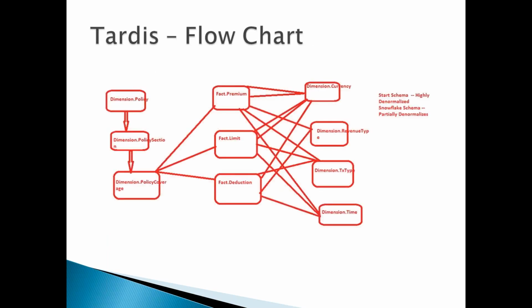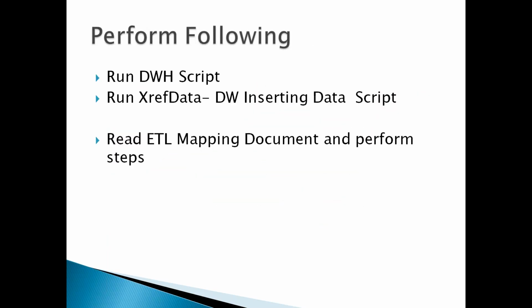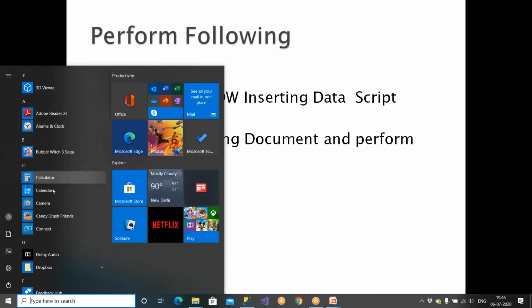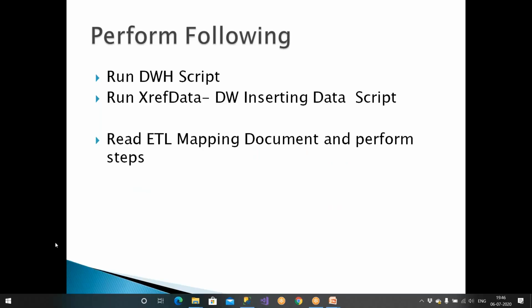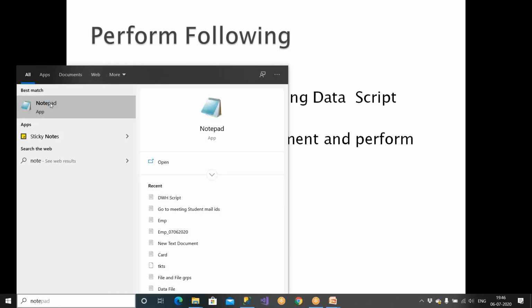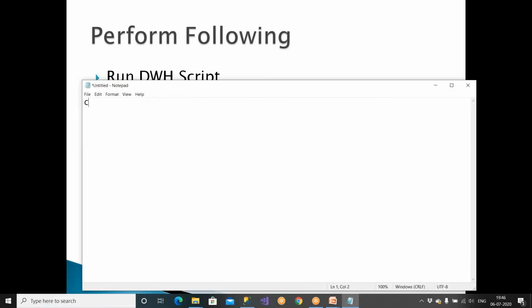To load the data to the dimension tables, again you have to create a fresh SSIS project. Okay. Now, to load data to the data warehouse, what does that mean? The data warehouse will have dimension tables and fact tables.